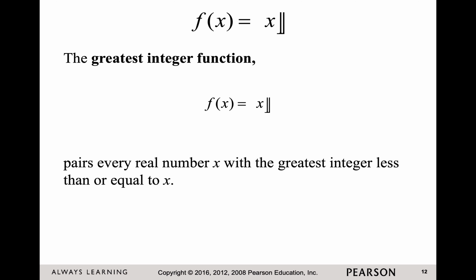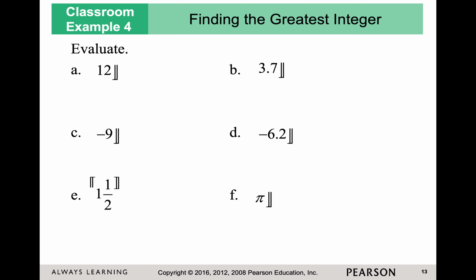This is kind of a weird symbol here, and it basically means step. So if I'm at 12, I'm going to be at 12. If I'm at 3.7, I'm going to round down. Ooh, that's tricky, right? Because we're so used to rounding up. With the step function, you round down. So negative 9 remains negative 9. But negative 6.2, you round down.